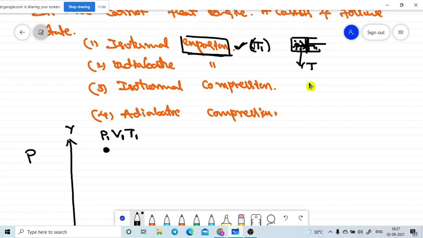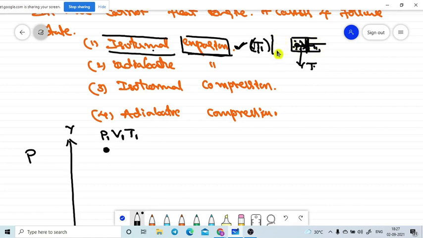Yes, sir. But it is isothermal. Isothermal means the temperature must be constant. To maintain the system at constant temperature, first of all we connect this cylinder to the source.